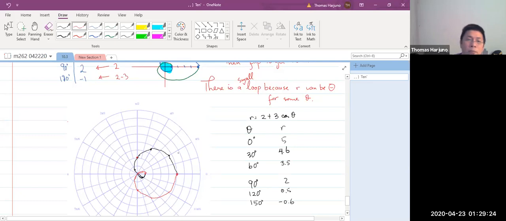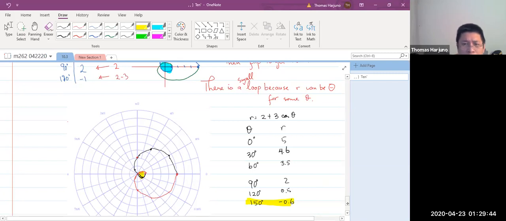Again, we have some loop here. We call that a smaller loop or internal loop, because there's a possibility that the radius is negative.